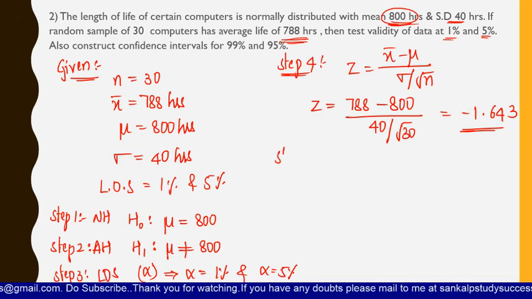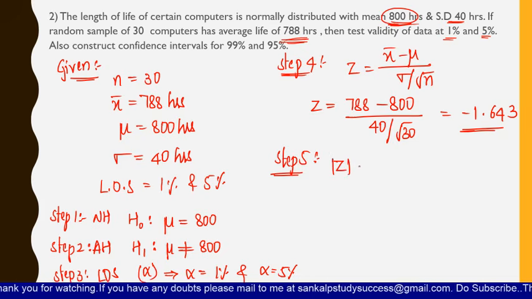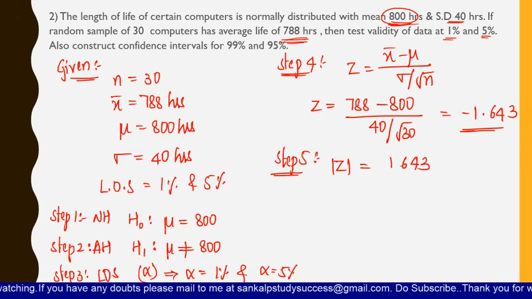Now let us compare the calculated value with the tabulated value in step 5, so that we can say whether the null hypothesis is accepted or rejected. So in step 5, mod z value is nothing but 1.643, right?